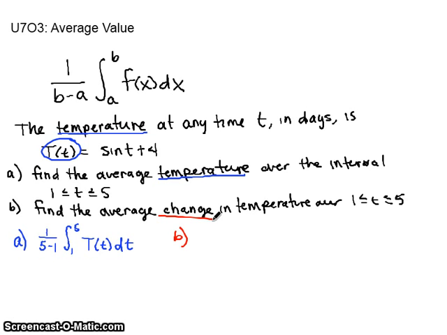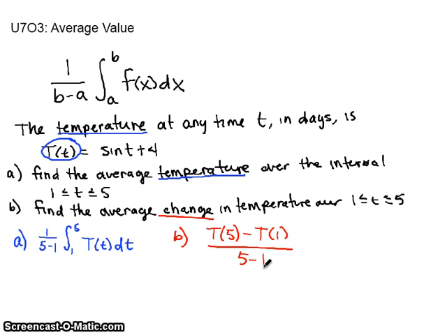Whenever we see change or rate of change, or they ask about the average of the given function's derivative, we know that that's just the slope of the function through those points. So we're going to say T of 5 minus T of 1 over 5 minus 1, and that's going to give us the average change in temperature. So average temperature is an integral, average change in temperature is the slope.